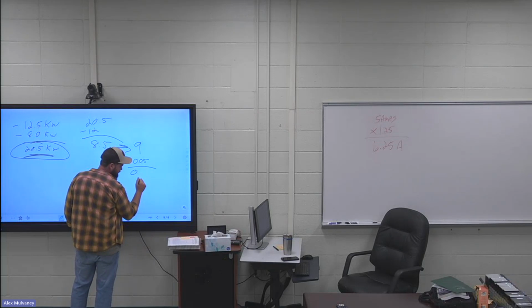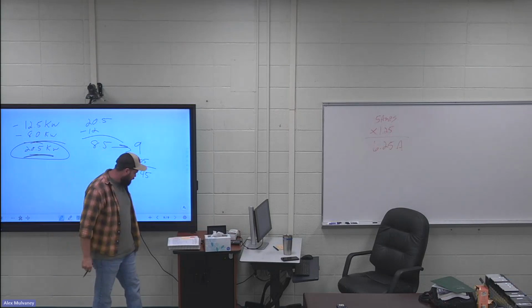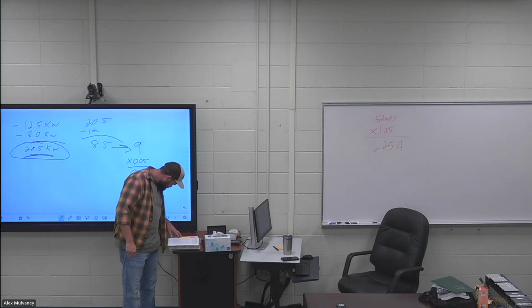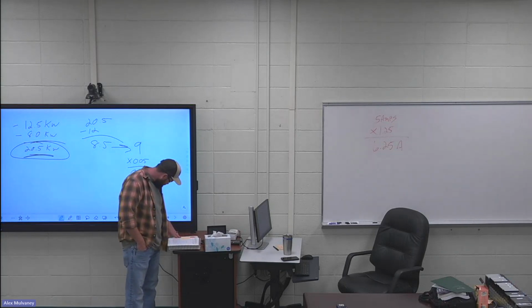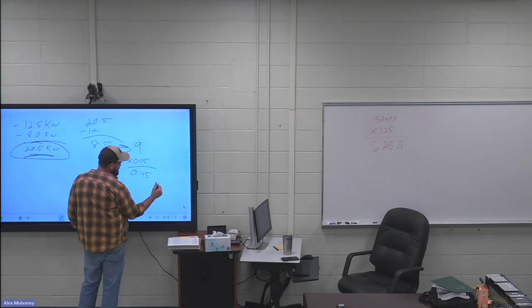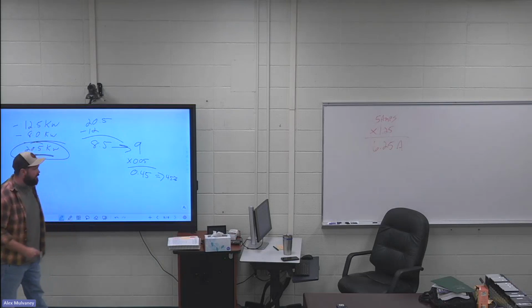And that gives me 0.45, right? So that's an extra, what is 0.45 written as a percentage? 45%. So that's how much extra we have.